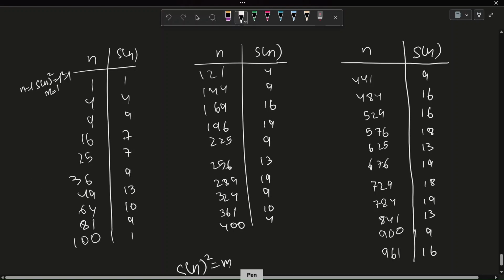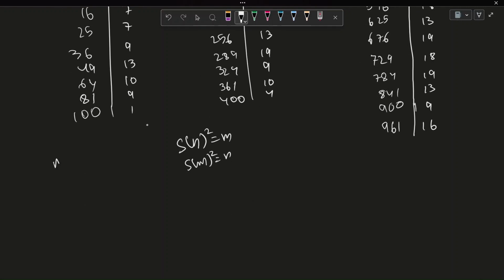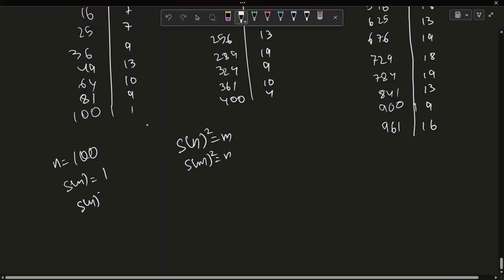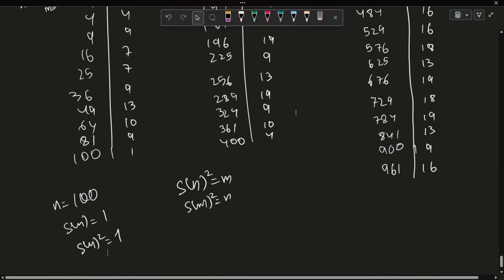So 64 and 81 are also neglected in a similar manner. And if we consider n equal to 100, then s of n equal to 1. So s of n whole square equal to 1. But notice that this is not equal to m.